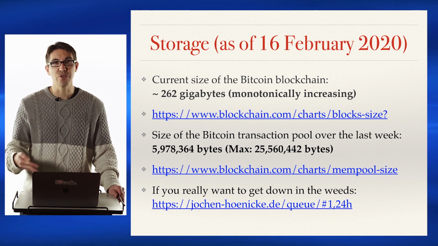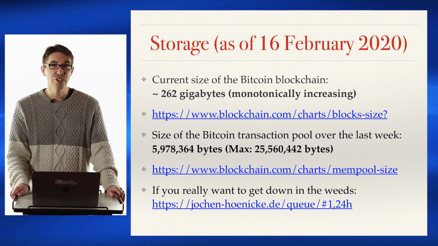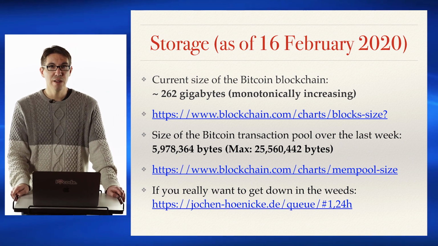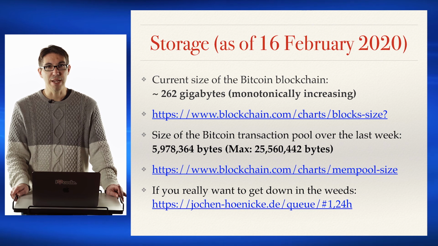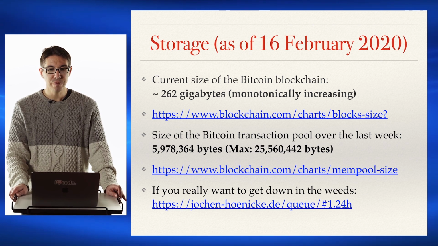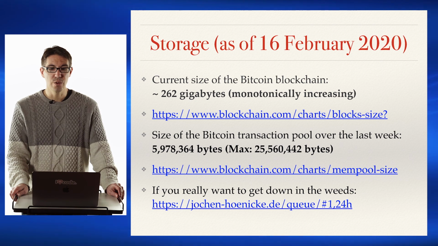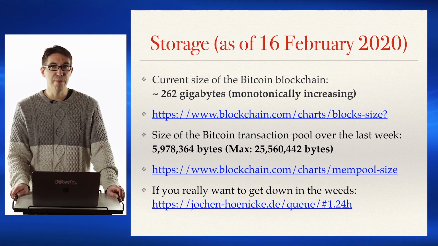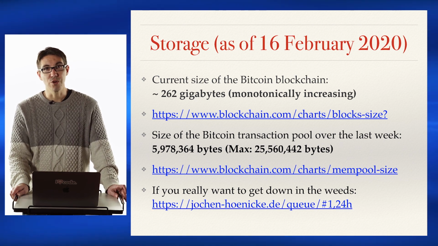We're always just going to increase in size. The size of the Bitcoin transaction pool has been a little over 5 megabytes on average over the last week, with a max of 25 megabytes a few days ago. I've included some links on the slide if you would like to look more in depth about where these statistics come from, and also see what the Bitcoin network looks like when you're watching this video.